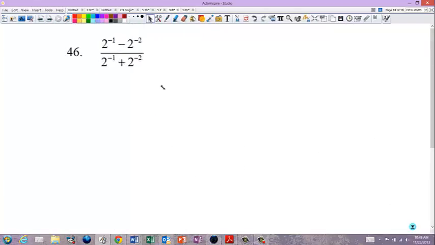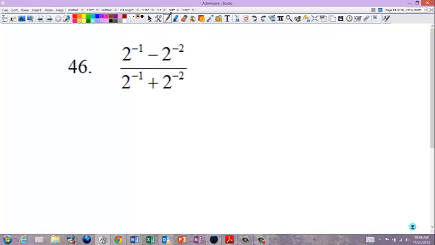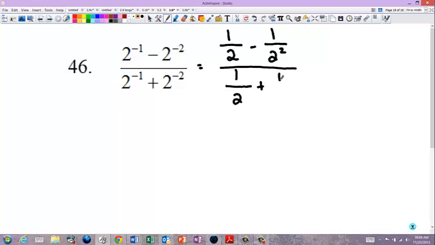46. I'm going to rewrite these. That's 1 over 2 plus 1 over 2 squared. If we get a common denominator on the top and the bottom, it'd be 2 squared.